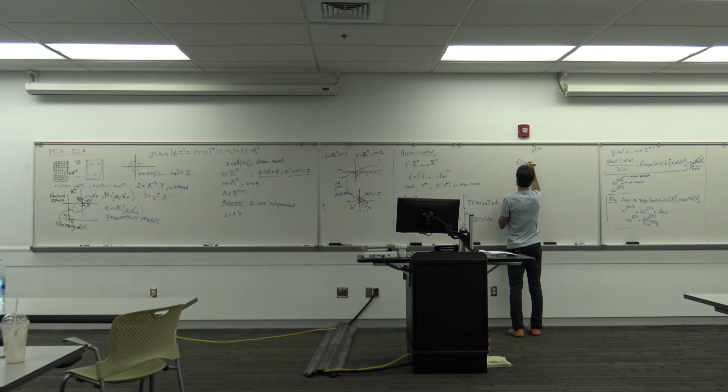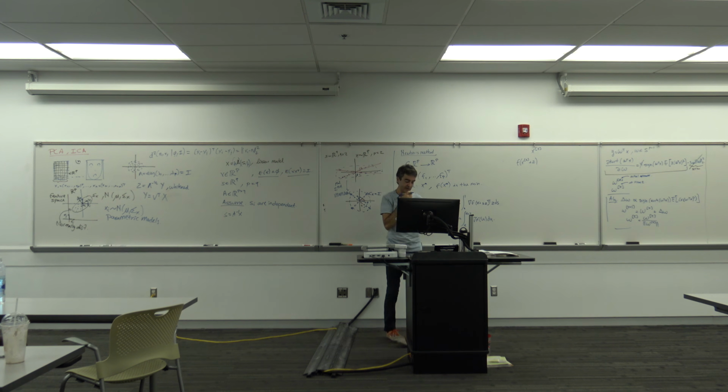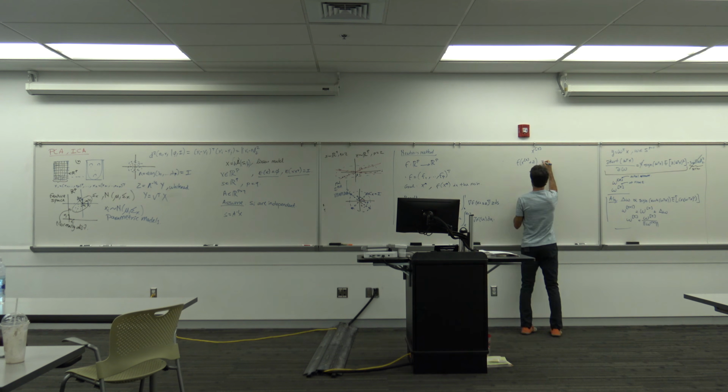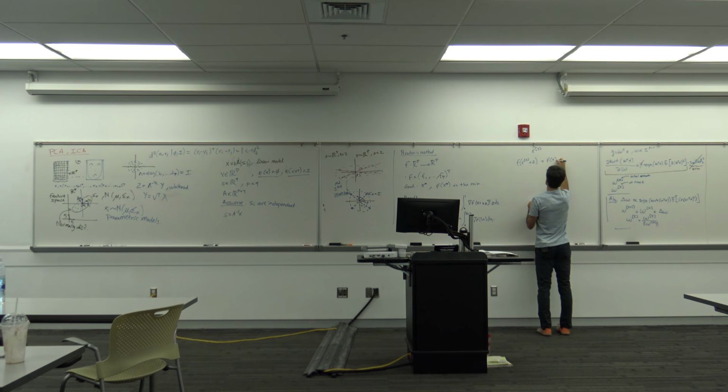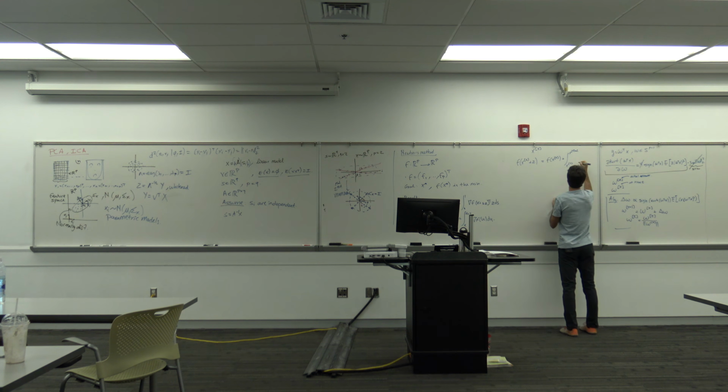So if I have f of x at time t, and I want to add some value z to that x, then that's the same as f of x at time t plus I integrate from x at time t to x at time t plus my z, what I want to add, times the gradient of my function.